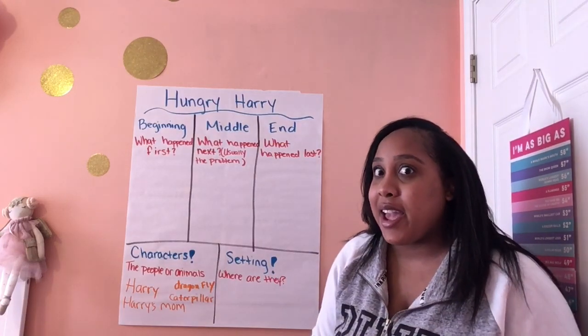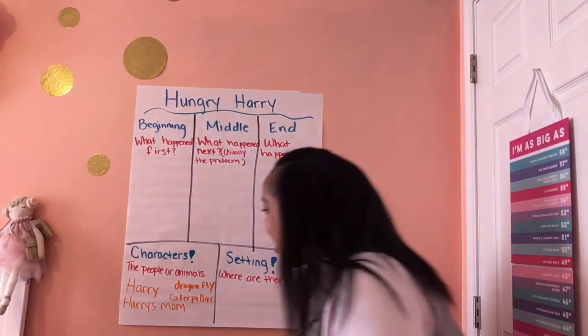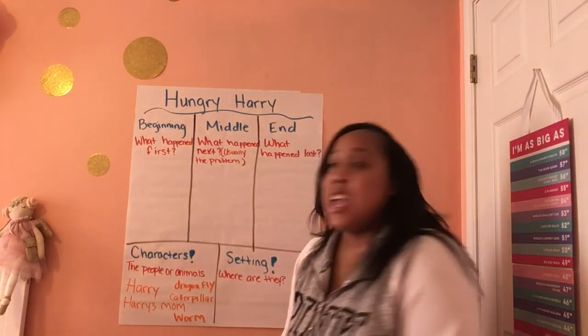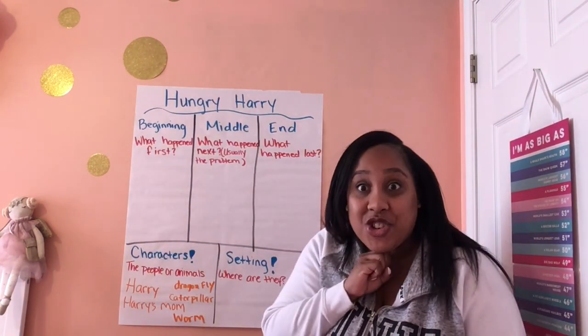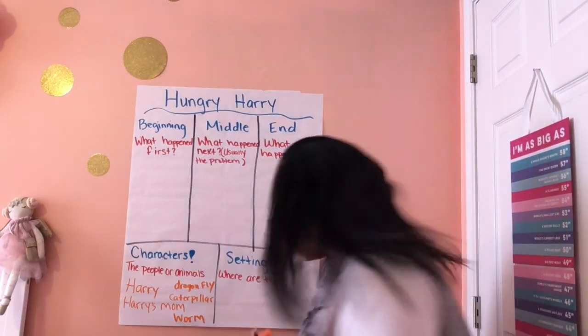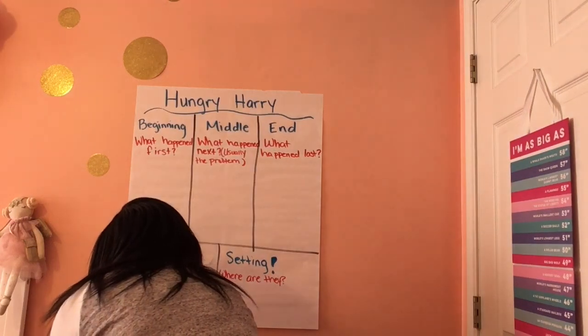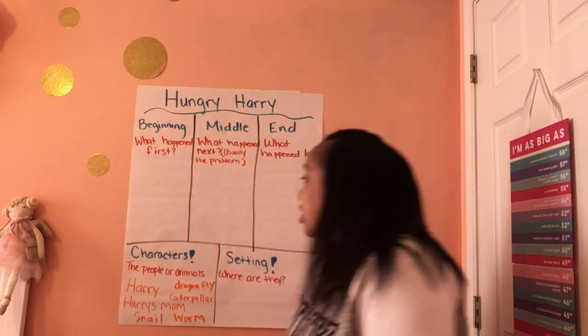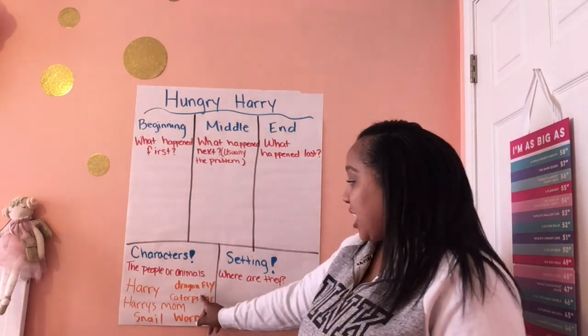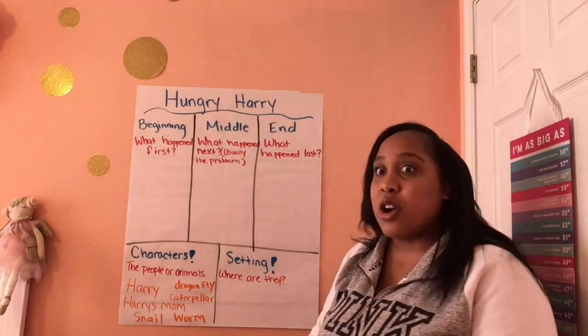It wasn't a snake. The worm. Yeah. And what hid inside of its shell? Yes, the snail. All right. So our characters: Harry, Harry's mom, dragonfly, the caterpillar, the snail, and the worm.